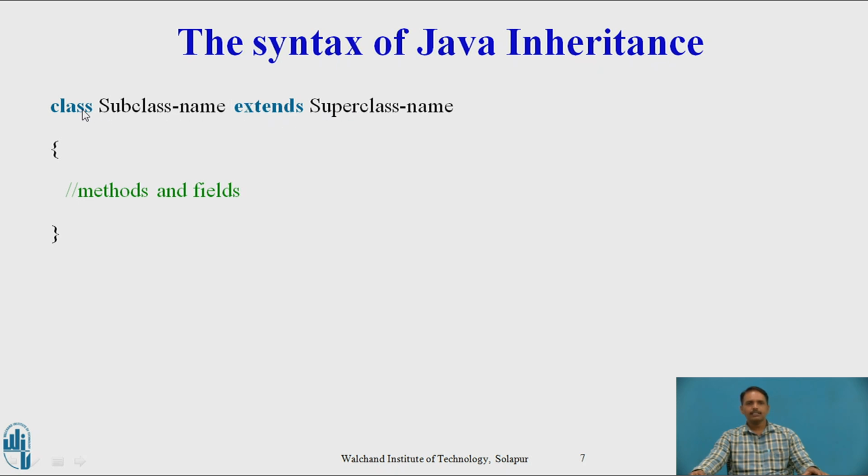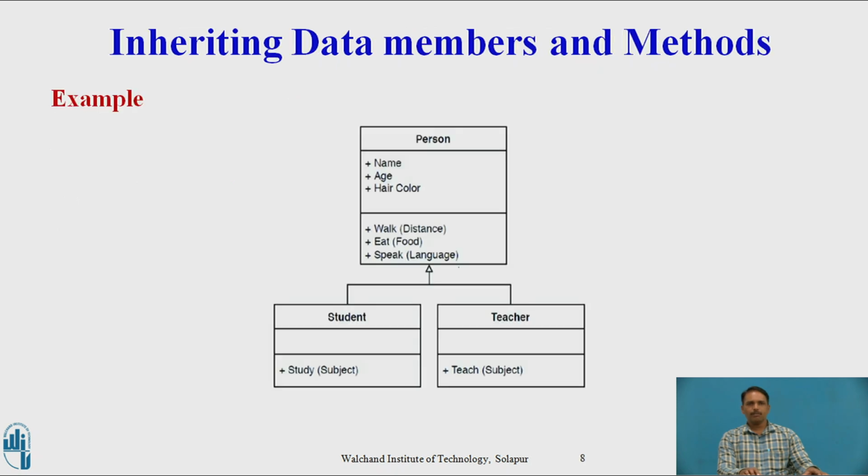So the syntax is: class keyword followed by subclass name, followed by extends keyword, and then we mention the superclass name that we want to inherit. This class has its own methods and fields as per requirement. This is the simple and useful syntax that we can use for achieving inheritance in Java.